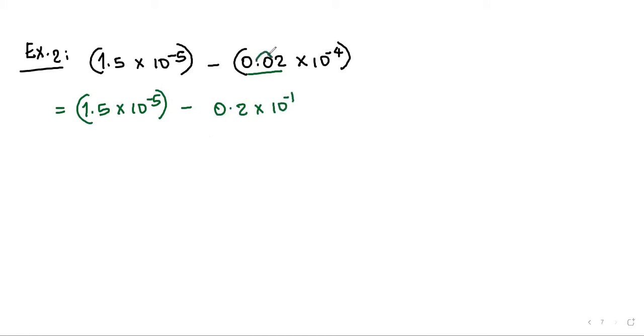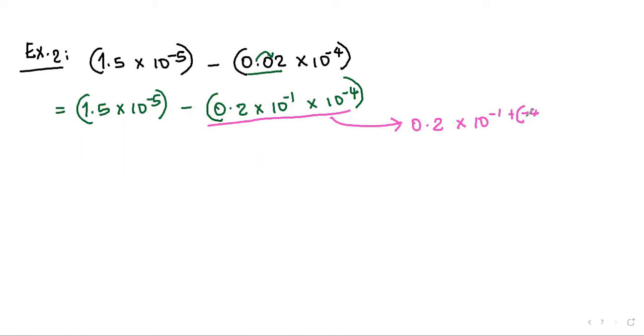If you move one step, okay? Then times 10 to the power of negative 4. Okay? So we can have this as 0.2 times 10 to the power of negative 1 plus negative 4, such that we get 0.2 times 10 to the power of negative 5.